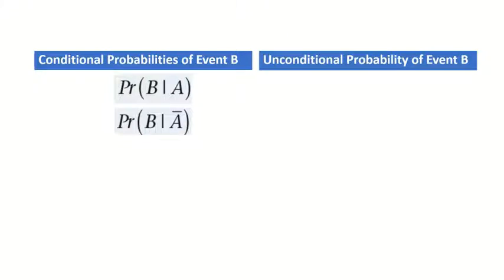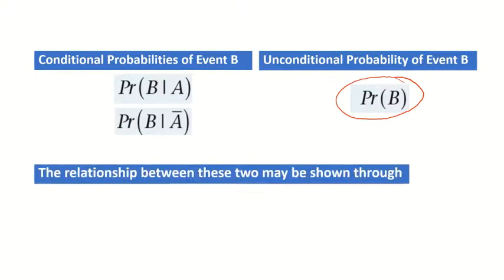Now, the sum of the probabilities of B happening both in the presence or absence of event A is called its unconditional probability. So, unconditional probability is simply symbolized in this example as P(B). So, this is the unconditional probability of B. So, how are these two related?